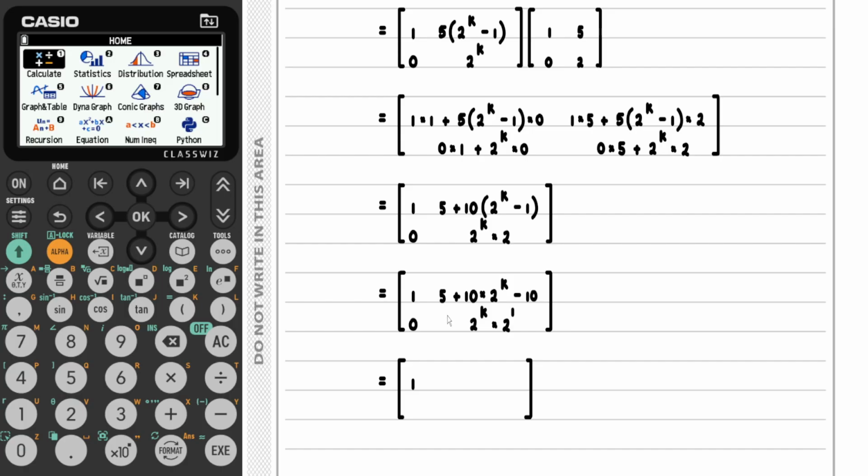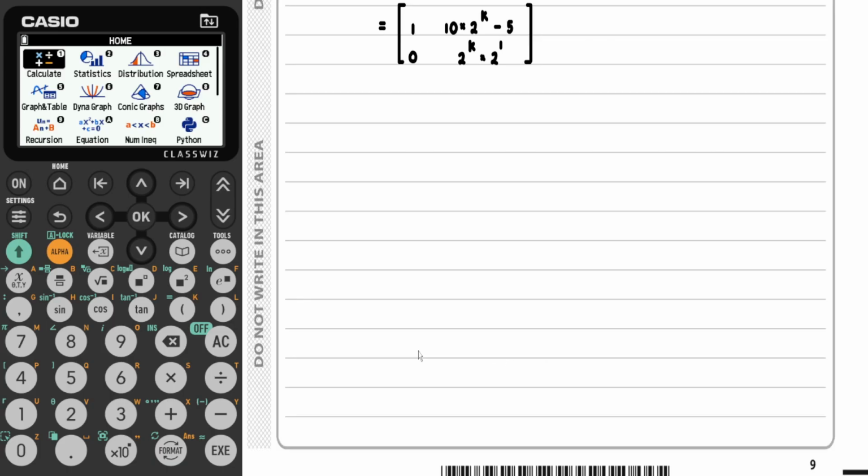So we've got 1, and then what we have is 10 times 2 to the k plus 5 subtract 10, which is negative 5. Then we've got 0, and then here we've got 2 to the k times 2 to the 1.